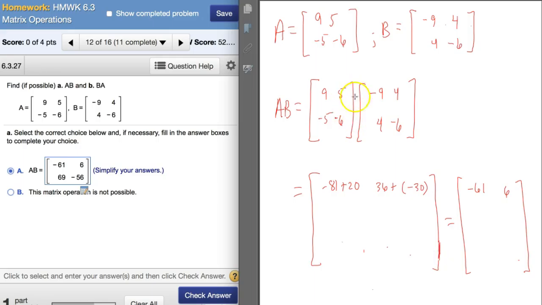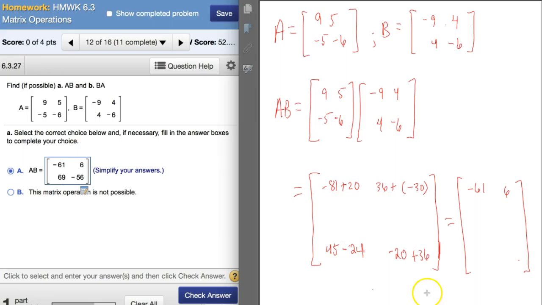Okay, so let's try this again. Negative 5 times a negative 9 is a positive 45. And negative 6 times a positive 4 is a negative 24. And negative 5 times positive 4 is a negative 20. And then negative 6 times a negative 6 is a positive 36.